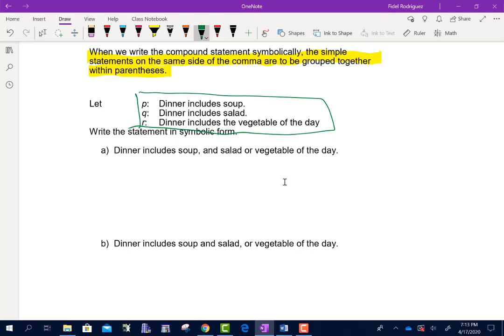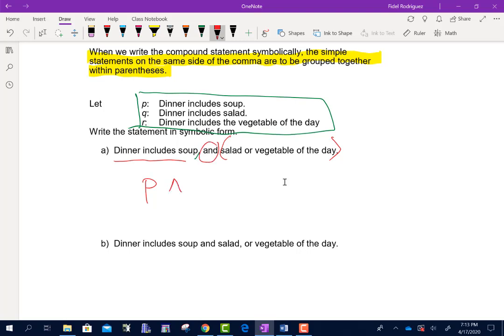It says dinner includes soup, comma, and salad or vegetable of the day. So here's my comma. The first thing it tells me is that if I have two statements on the other side of the comma, those are going to be grouped in parentheses. Okay, so let's see if we can figure this first part out. Dinner includes soup. Well, that's just the statement P.